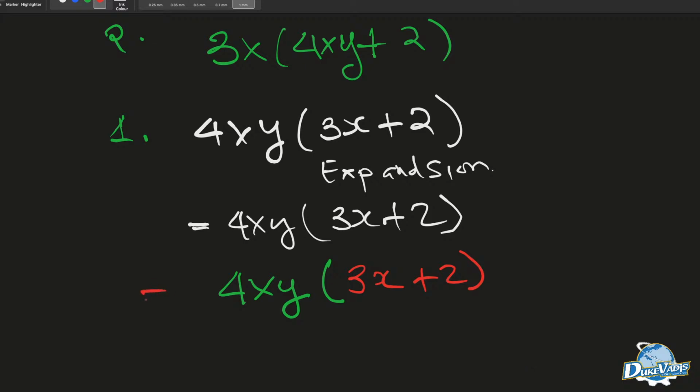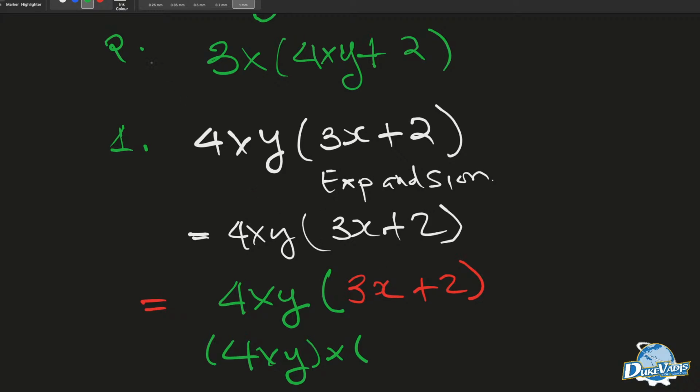Expanding means we have 4xy multiplying 3x. It would be good to put a bracket on our 4xy, multiplying 3x. The 3x is in a different color, so that will help me to understand.